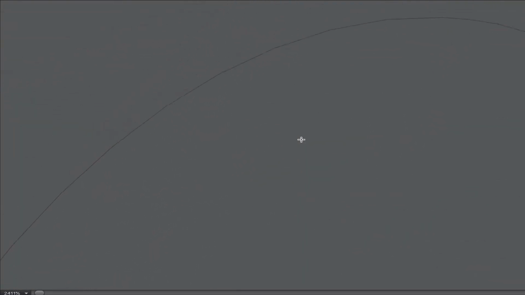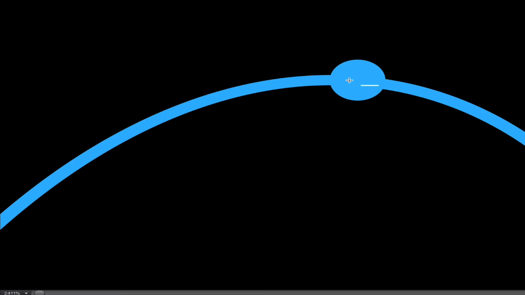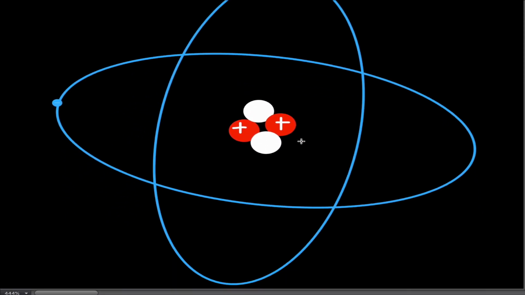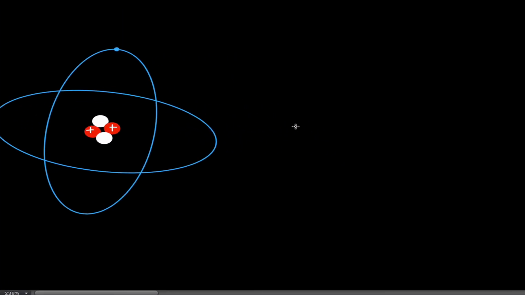Okay, here's an electron. These have a negative charge, correct? Let me just draw the negative for this one too. Okay, so now we have a model of an atom, right?